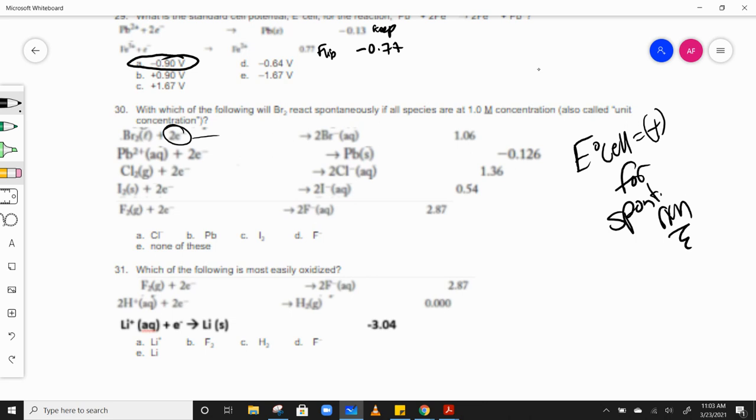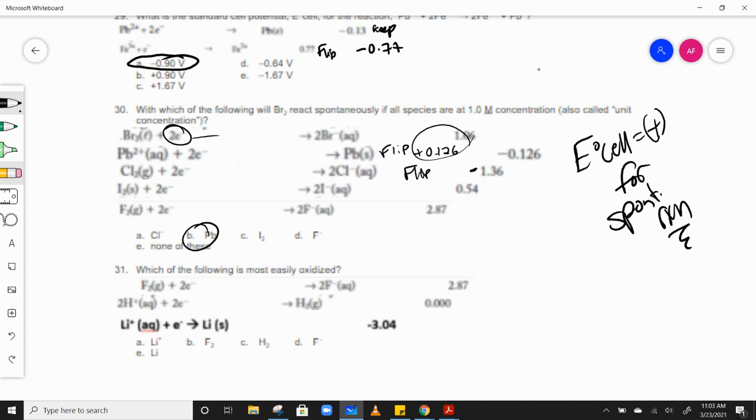To make Pb oxidized, we have to flip it, and that would be positive 0.126. So that would make positive 0.126 and 1.06. That would make this positive, and that would be the one that's spontaneous. It just so happened that that was the first one I looked at. We could look at the other ones too. Cl2, we'd have to flip this one, and that would make it negative.